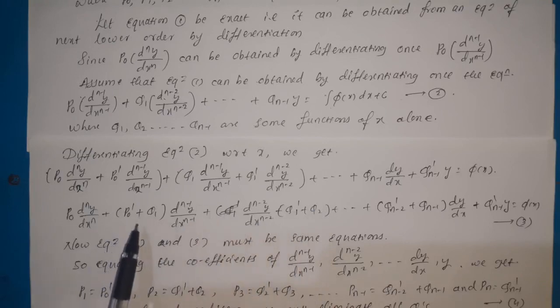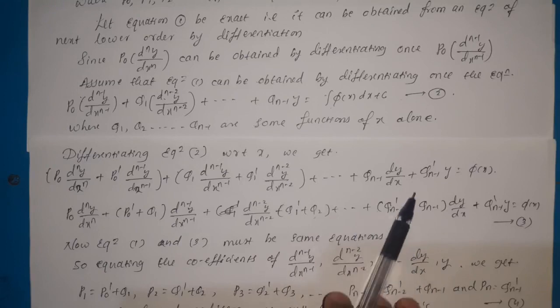Here you just observe that we take the derivative of the first function and simply the next function q1, and for the next term, the derivative of this one, q1', and the next function as it is, q2. Next will be q2', the differential of this one, and the next function will be q3, so q2' plus q3 and so on.